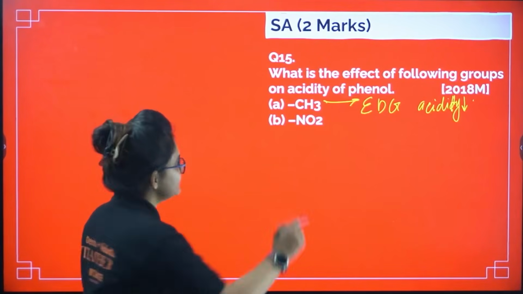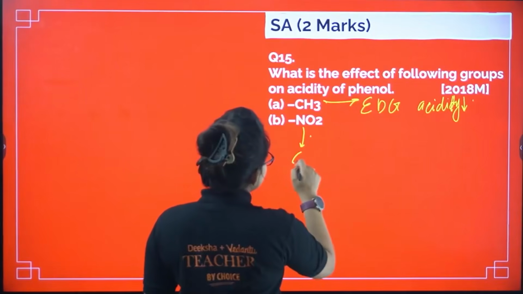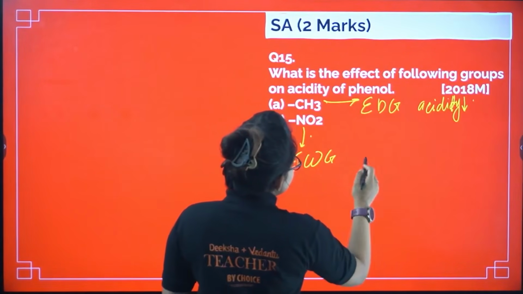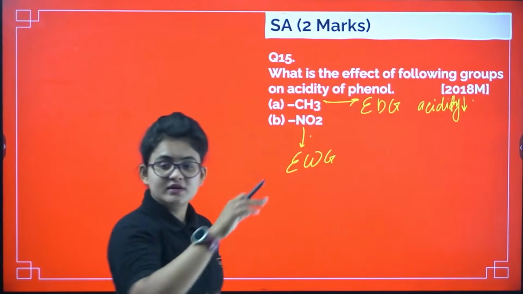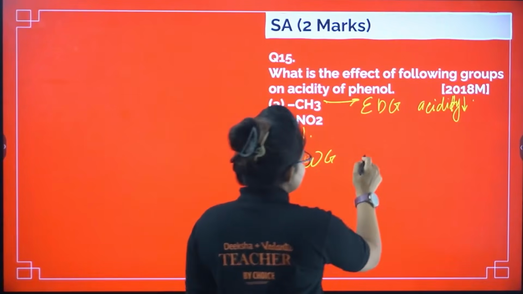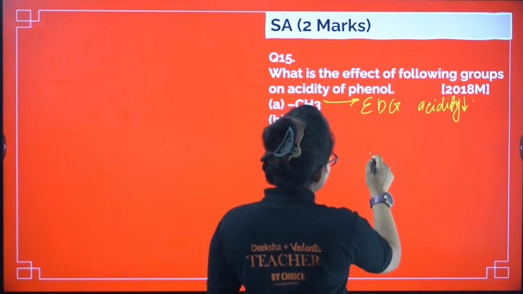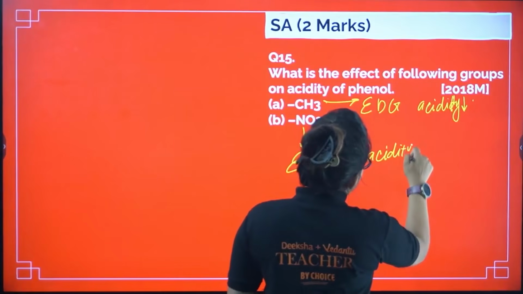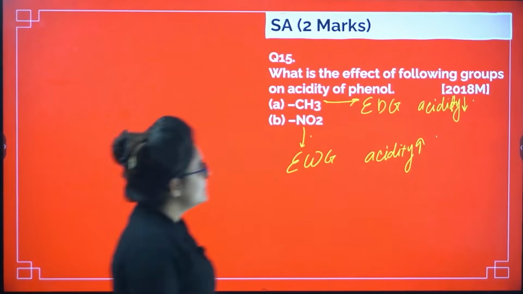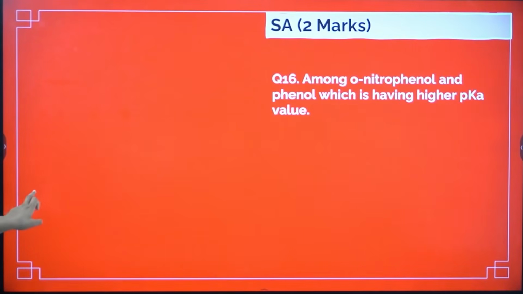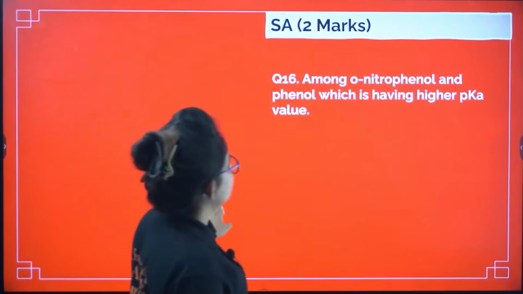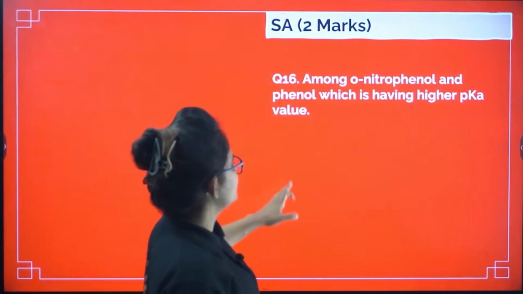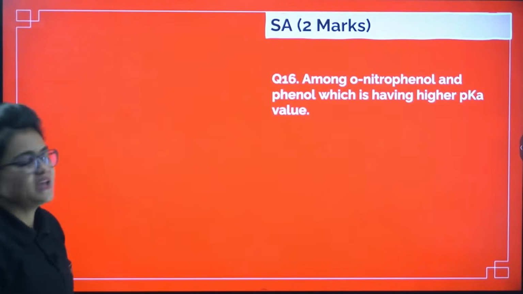For this case, this is an electron withdrawing group, so it decreases the electron cloud density on oxygen, and hence acidity increases.